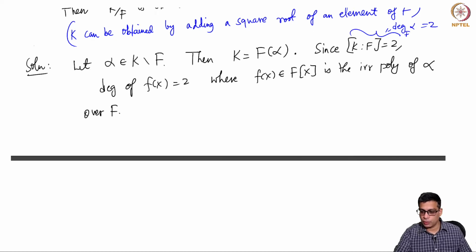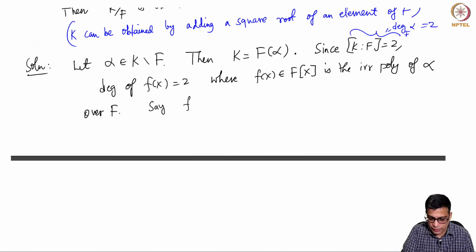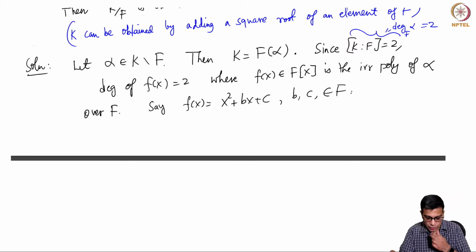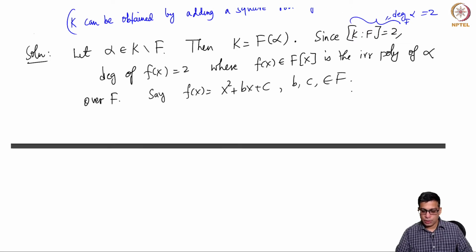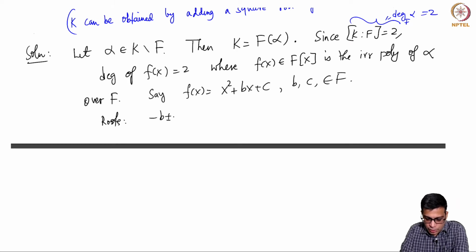So let's write down what that is. Say f(x) equals x square plus bx plus c, where b and c are elements of the base field. Now, what are the roots of this, because of the quadratic formula which we had recalled earlier?